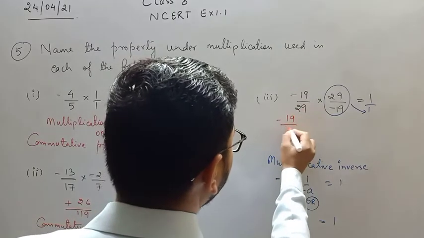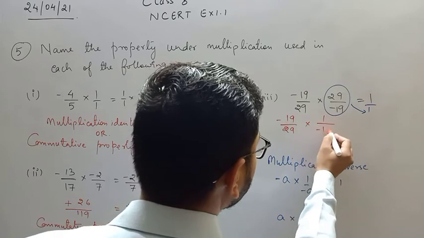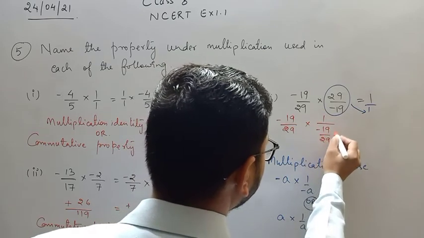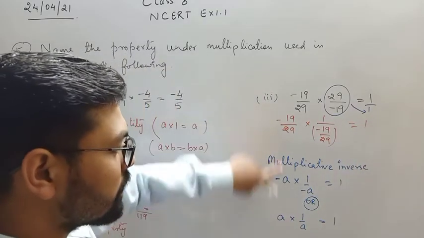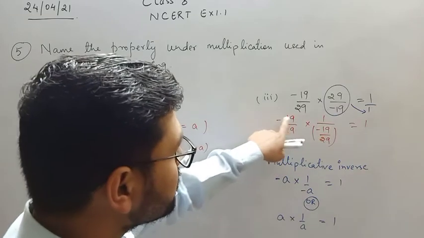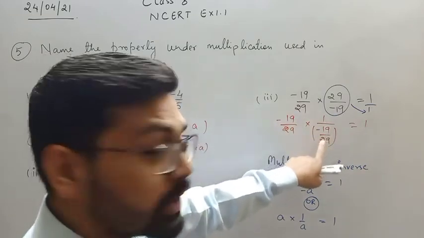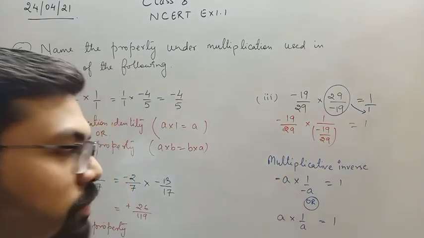Minus 19 upon 29 into 1 upon minus 19 upon 29, right? So let's say this is minus a, so this will be its reciprocal. So minus 19 upon 29 into 1 upon its reciprocal will equals to 1. That means this follows multiplicative inverse property, right?